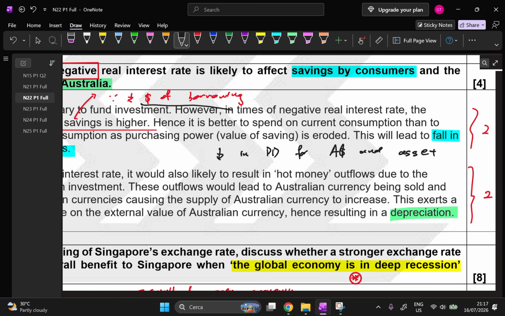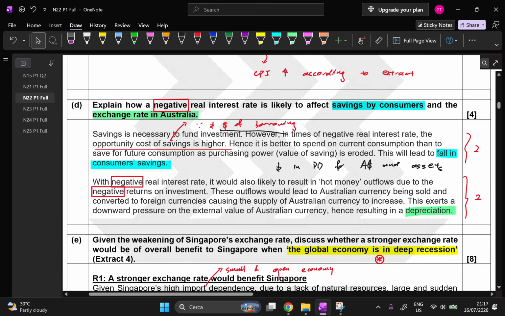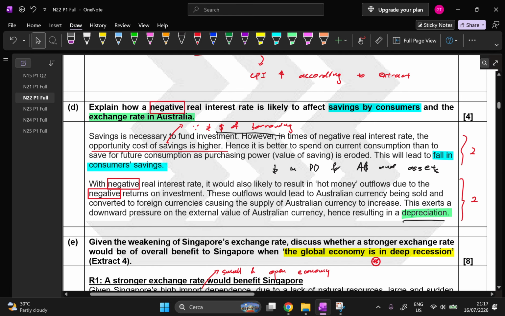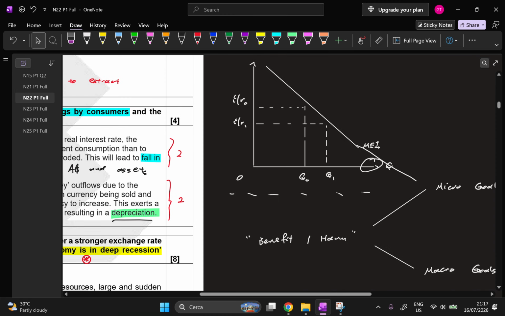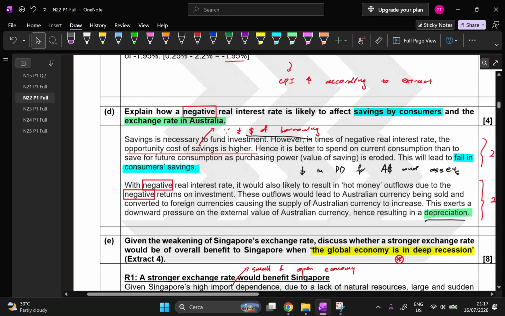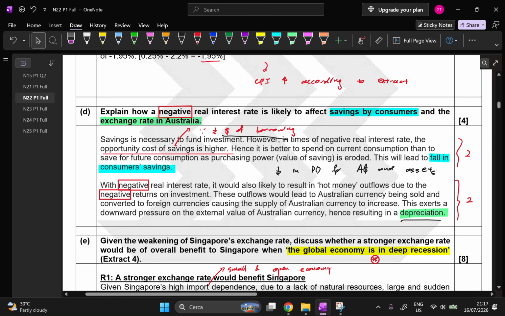So as a result, if the demand for currency and assets decreases, I will result in a depreciation, not an appreciation. Okay, so please don't make the same misconception that I did. What I illustrated for you is assuming that interest rate stays positive. If interest rate is negative, it will result in a depreciation, not an appreciation, not an increase in investment. I will decrease investment. Understand?